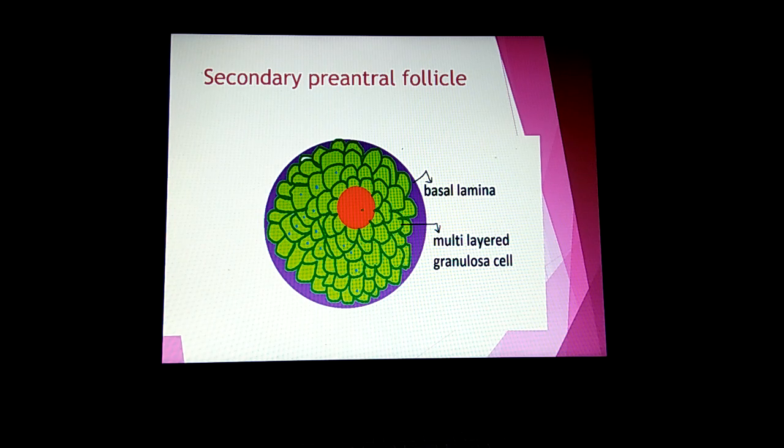Now the secondary preantral follicle has all the same characteristics which a primary preantral follicle has, except that this single layered granulosa cell now becomes multi-layered granulosa cells. We have already discussed in the previous slide that the primary preantral follicle starts with mitotic activity. The granulosa cells start dividing. So when they divide, they form the secondary preantral follicle.